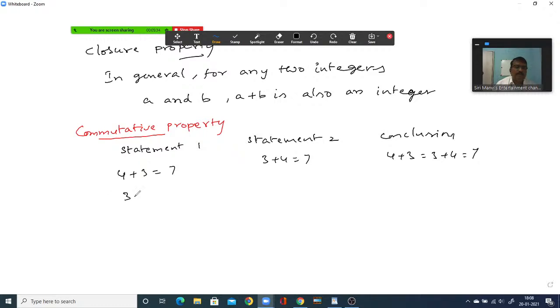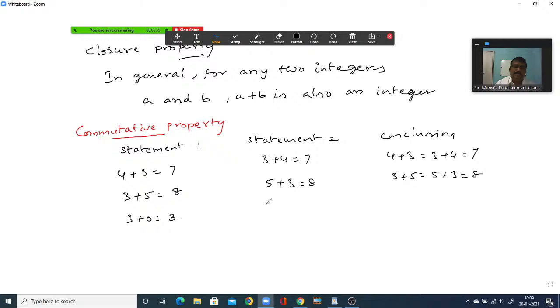Now, I am going to take 3 plus 5. 3 plus 5 is equal to what? No doubt 8. So next, 5 plus 3 is also 8. Then we get the conclusion that 3 plus 5 is equal to 5 plus 3 is equal to 8. Next, 3 plus 0 is equal to 3.